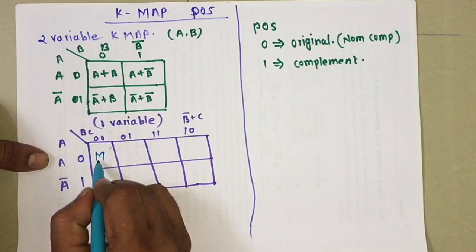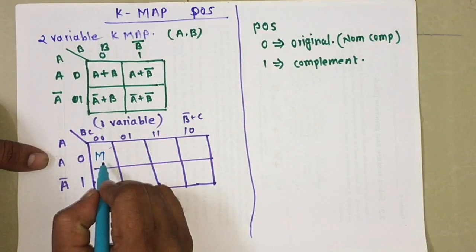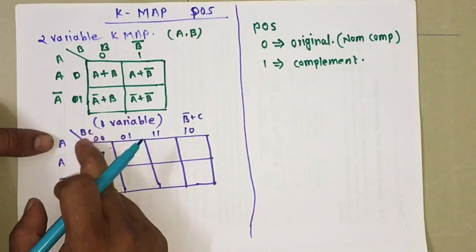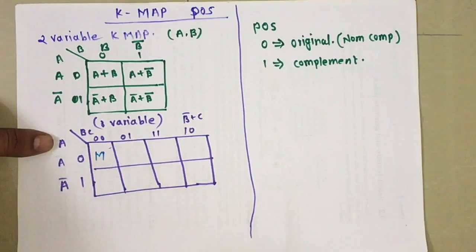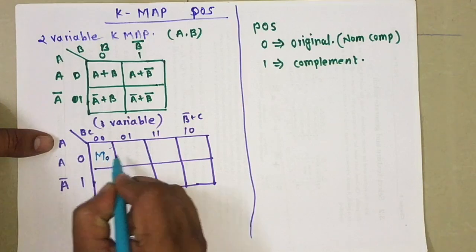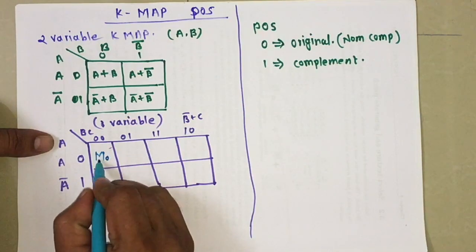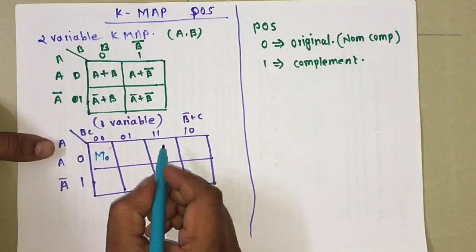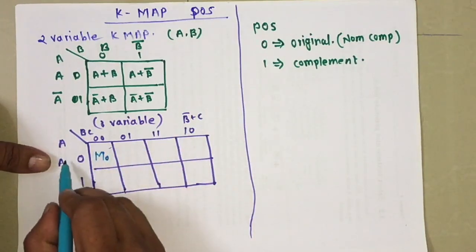The sequence is like this: capital M indicates a max term. Now 3 variables are there, so we will get a total of 8 max terms, M0 to M7. So this is M0. Remember that capital M will indicate the max term, and small m will always indicate the min term.